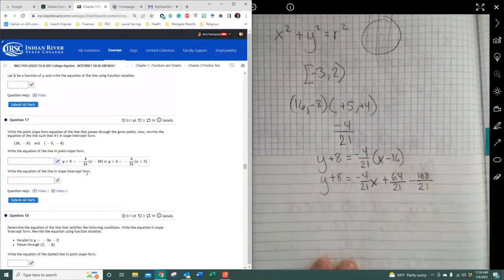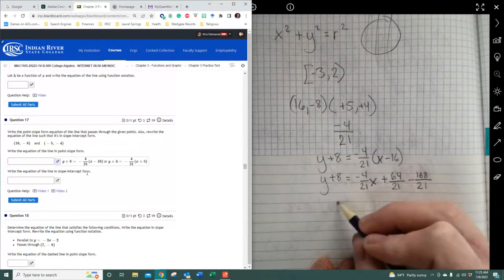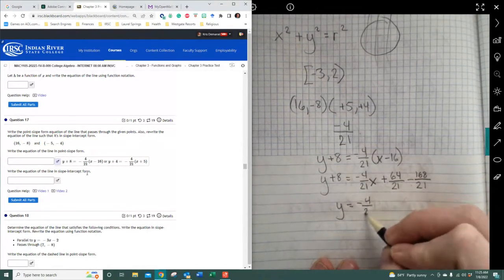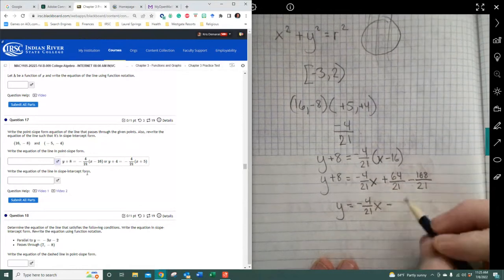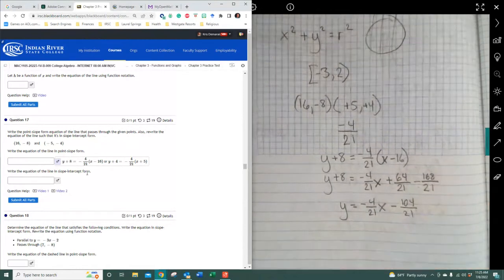And then we're going to go ahead and subtract 64 from 168 and get 104. Yeah, 104. So now it's going to be y equals negative 4 over 21x minus 104 over 21.